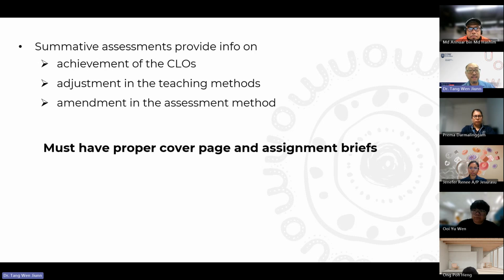But just remember this: formative is not graded, and therefore we can adjust, we can help the students to improve. But summative is graded and we can't give them assistance if they are making mistakes during the test.